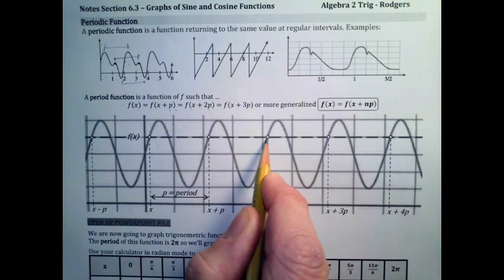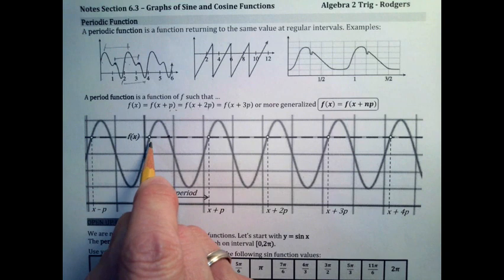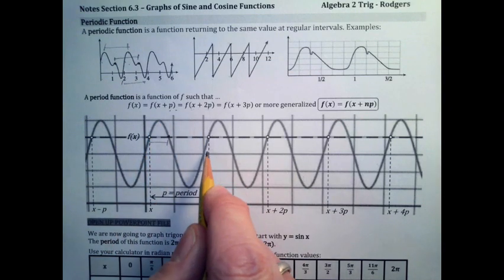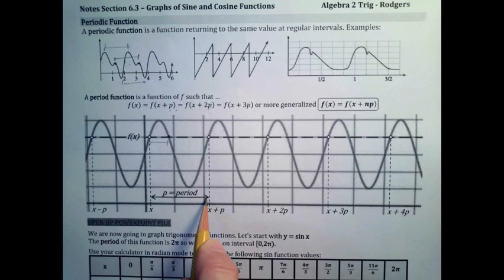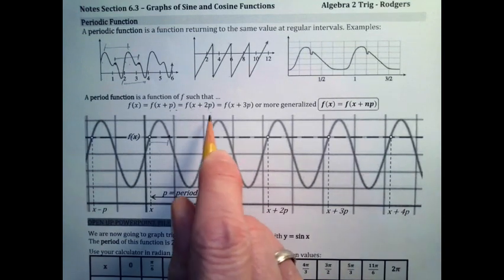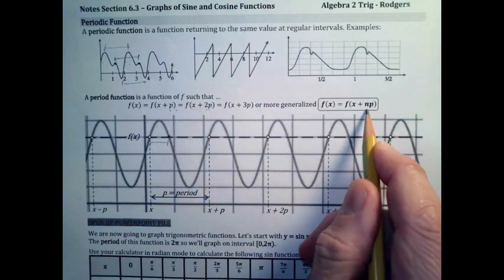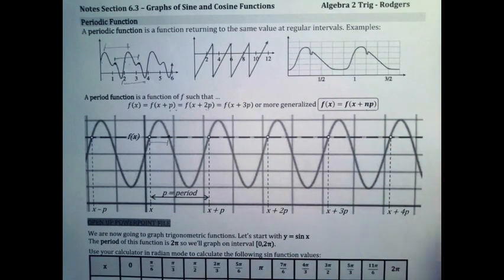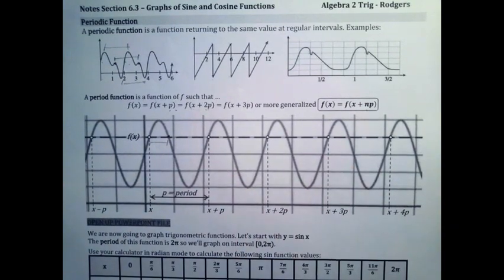Now, there are other times when I get that same output here, but that's not one period. The period is, it's going up to a maximum, it's going up to a maximum. So from here to here, that's a period, okay? And then every time I evaluate the function at x plus some multiple of that period, we would get the same value, all right? So that's what it means to be periodic.